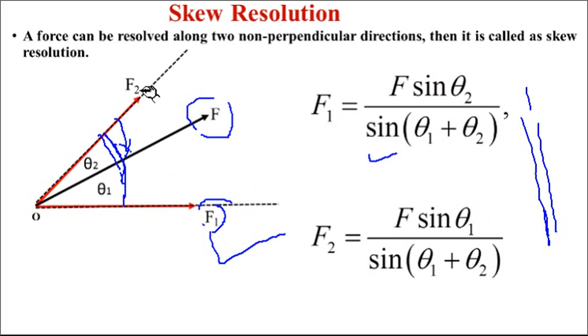Second, if I want to find F2, what will I do? I will take this force and the opposite angle, theta 1. I will take F sine theta 1 divided by the same denominator in both cases. What is the difference?